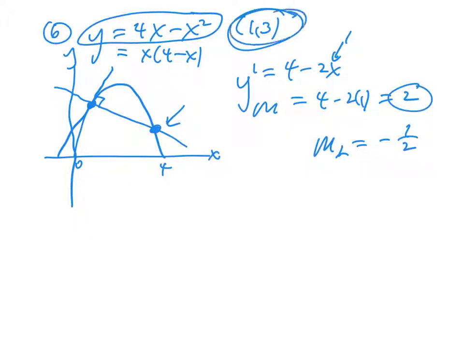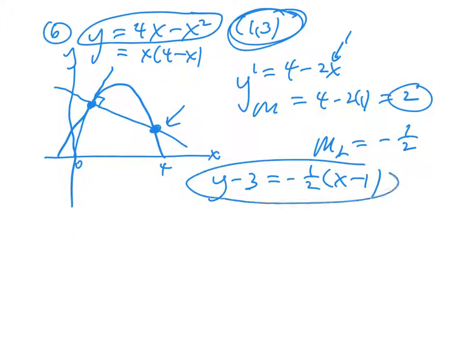And if it passes through the point 1, 3, again, we can do point slope form. Y minus 3 equals negative half times x minus 1. So here's the equation of the normal line. Here is the equation of the parabola. So how do I figure out where they intersect? It's called substitution. If y equals 4x minus x squared, I can take that and substitute it right there.